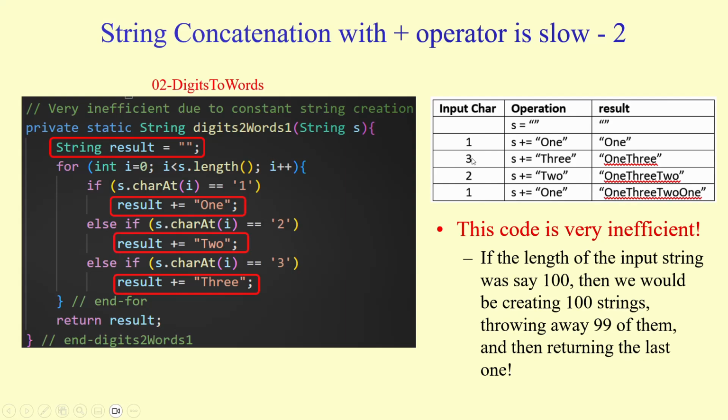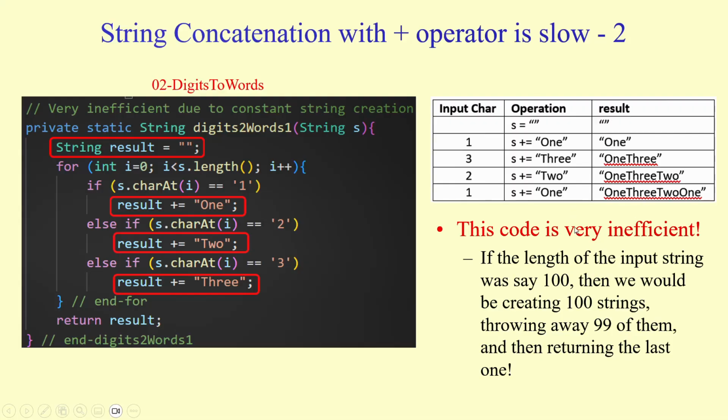After the second iteration, where the digit is 3 in the input, we take the current result and add the word three to the end of it. We get "onethree". That means we throw away the previous string, and now this is our current result.